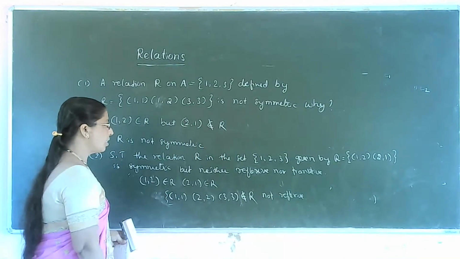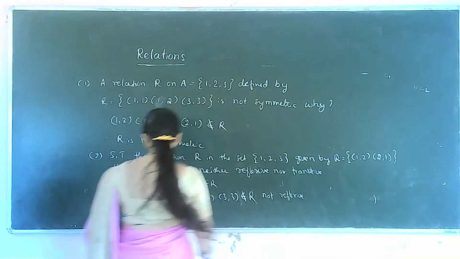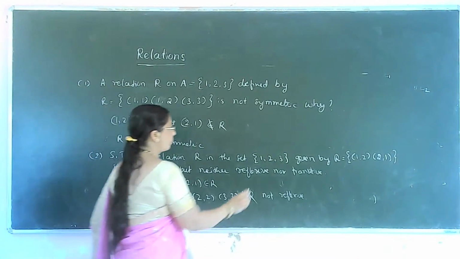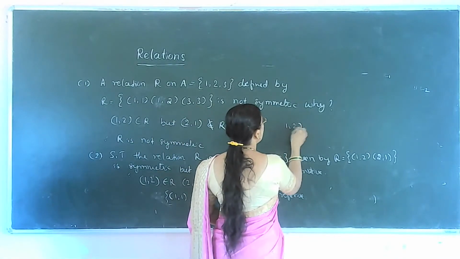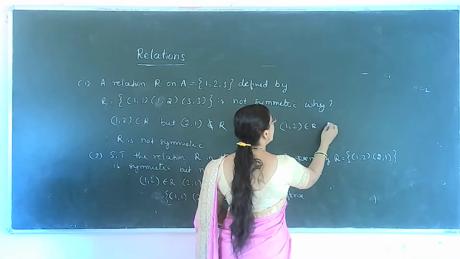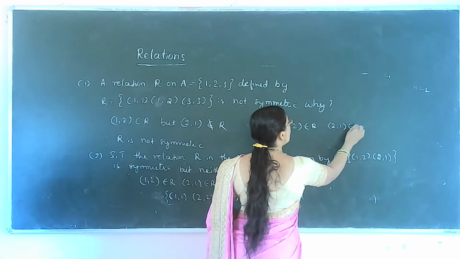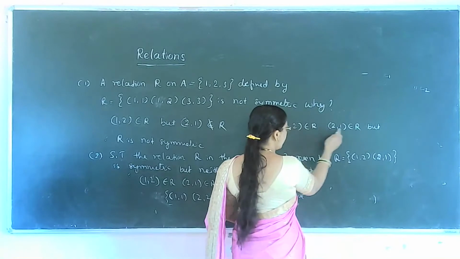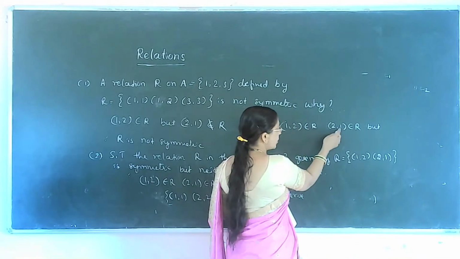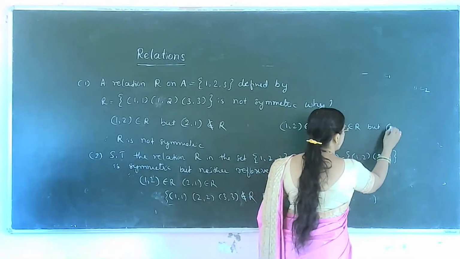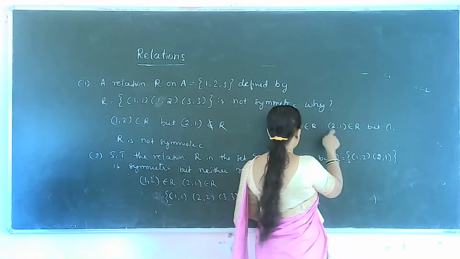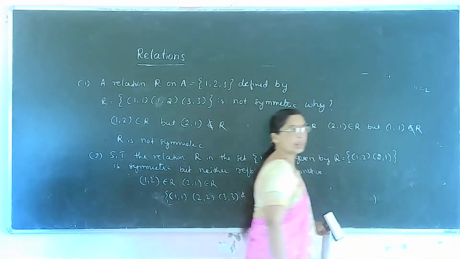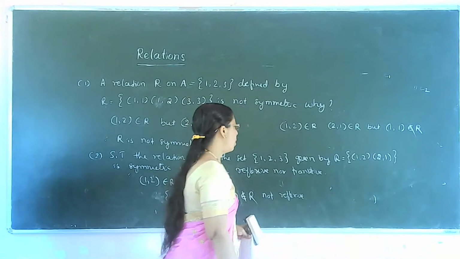And next is transitive. Here, (1, 2) belongs to R and (2, 1) also belongs to R, but then I have to write (1, 1), the first element of the first pair and the second element of the second pair. Here (1, 1) does not belong to R. Therefore, it's not transitive.